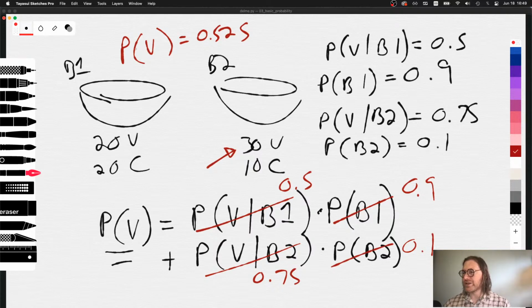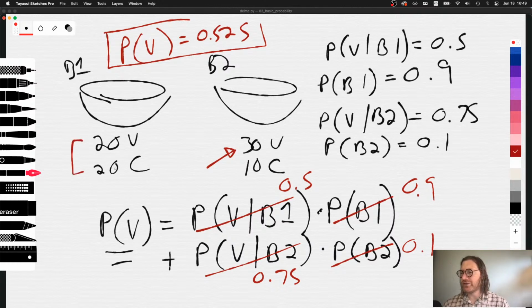And so what we see is a reduction in the probability of choosing a vanilla cookie overall. It's moving toward this 50-50, right? And you can imagine it would be even more dramatic if we said 0.99, 0.001, right? We're going to be getting closer and closer to this 50-50 that we're seeing in bowl 1.